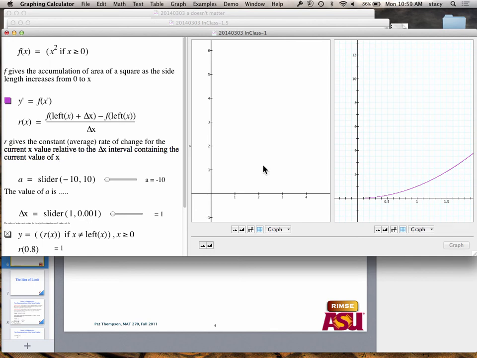Okay. Talk about it. Think about what it is going to look like. So I'm going to graph y equals r of x in the left window. What is that going to look like? Questions you can ask yourself to help: what is the input and what is the output of the r of x function?